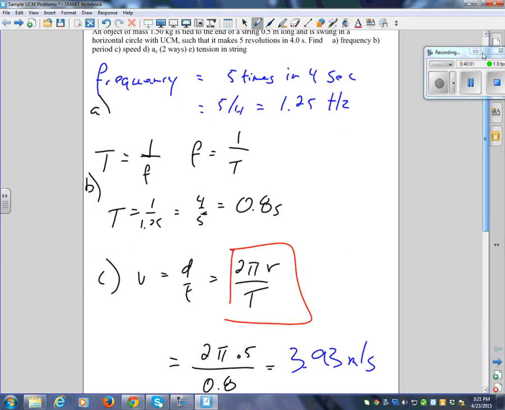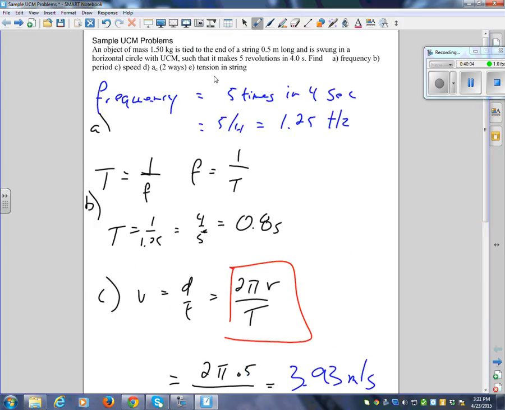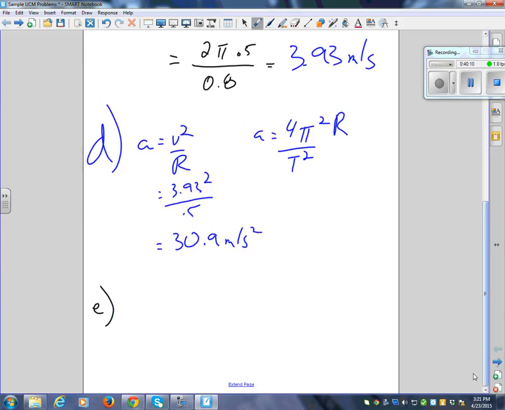Okay, let's do E, tension in the string. What is tension? It's really a force, so I'm asking you for the force. Fc is equal to m v squared over r.